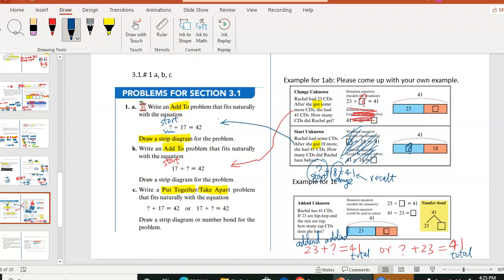So these are different concepts. You could also do a number bond instead of using paper strips, and you just write down the total up there, and you split it as 23 hip hop and how many are the rap CDs. So it's similar, except we don't use strips. You could just put 41 can be split as 23 plus how many. That's why we call it put together, because you put them combined together and you got 41.